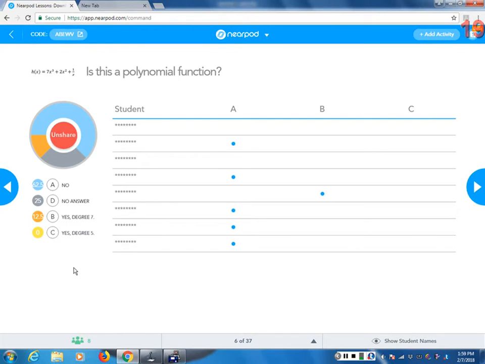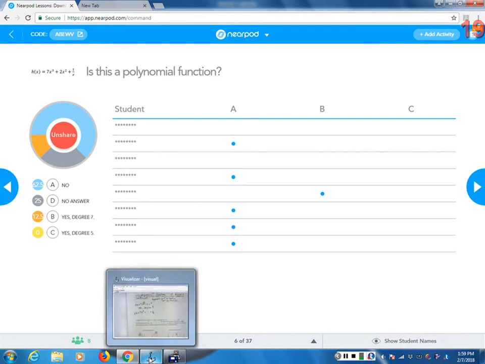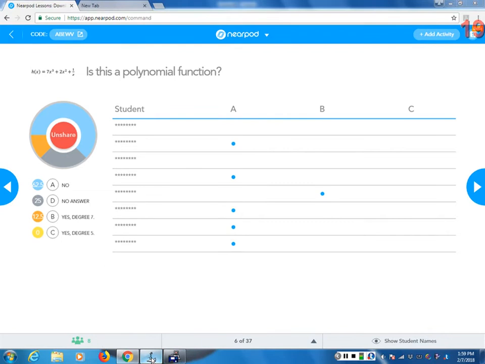So that's what people thought. It's 7x cubed plus 2x squared plus 1 over x.